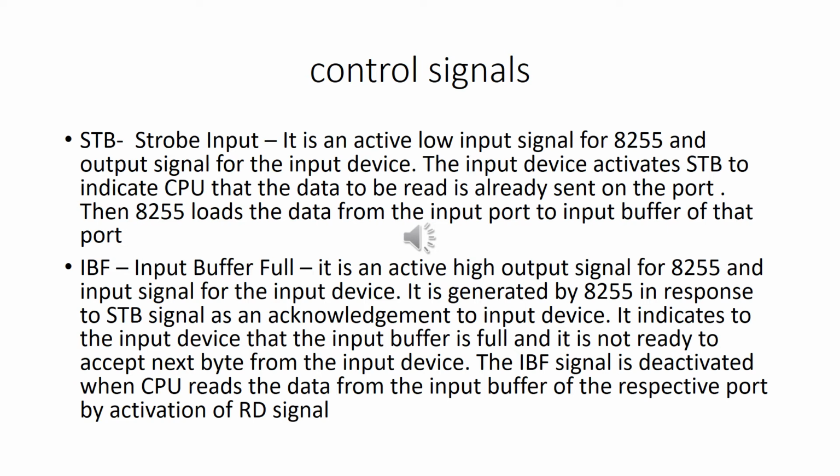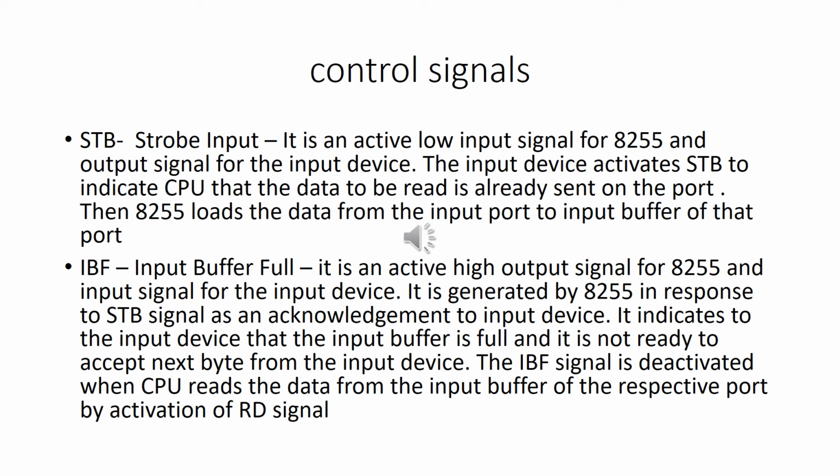Then 8255 loads the data from the input port to the input buffer of that port. IBF is input buffer full signal. It is an active high output signal for 8255 and input signal for the input device. It is generated by 8255 in response to the STB signal as an acknowledgement to the input device.